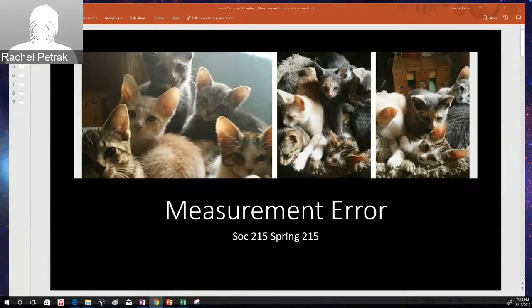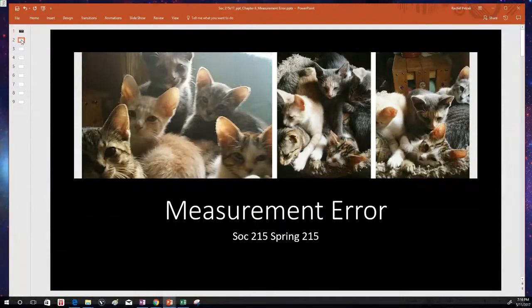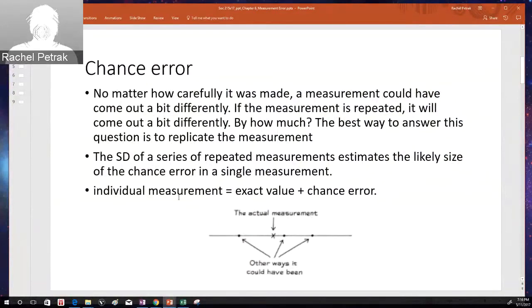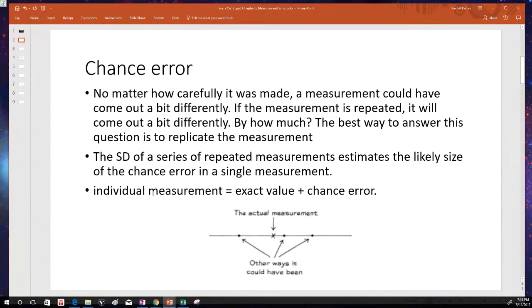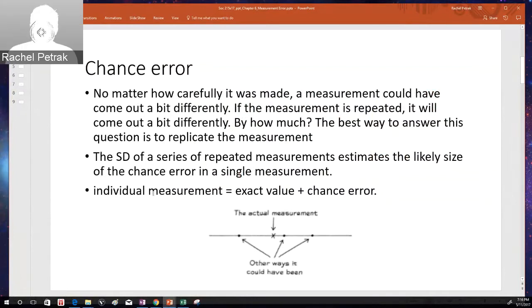Measurement error. So, when we are thinking about measurement, we're often confronted with a variety of issues embedded in the topic of measurement. When measuring social variables, they generally don't have an inherent scale embedded in the variable.